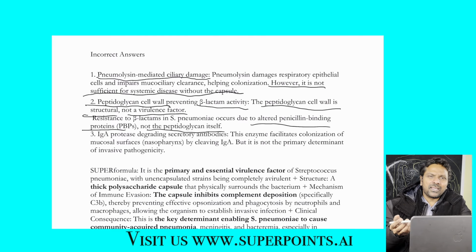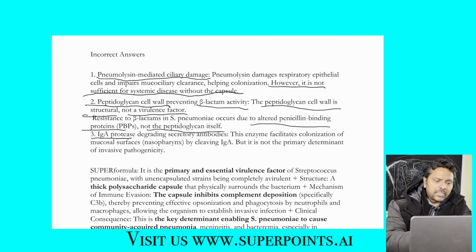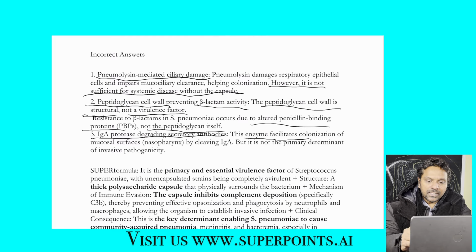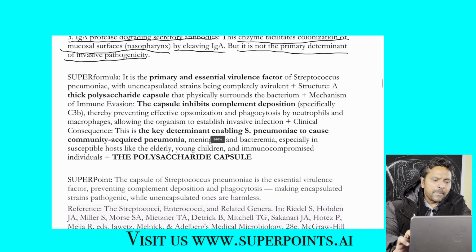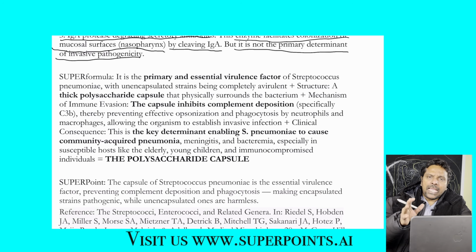So peptidoglycan does not matter when it comes to its virulence. Then IgA protease degrading secretory antibodies. This enzyme facilitates colonization of mucosal surfaces, nasopharynx, by cleaving IgA, but it is not the primary determinant of invasive pathogenicity. So this is a high yield point, all right.